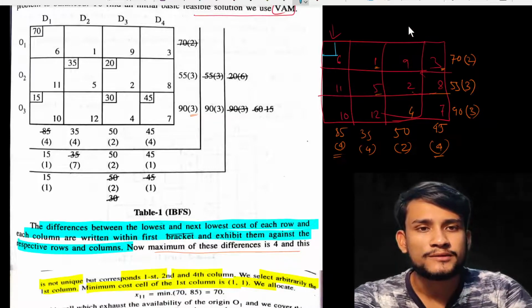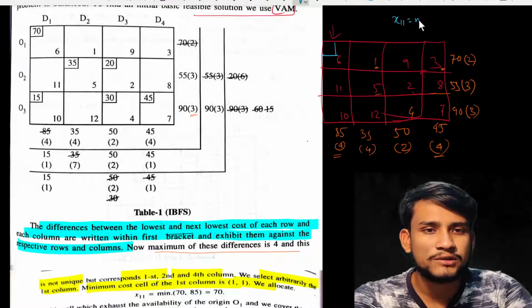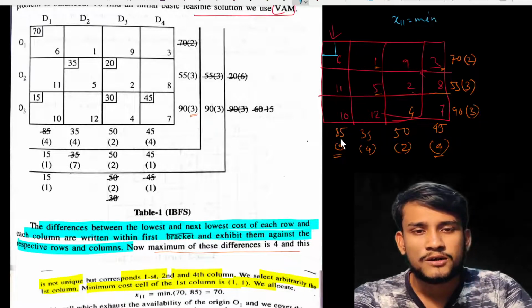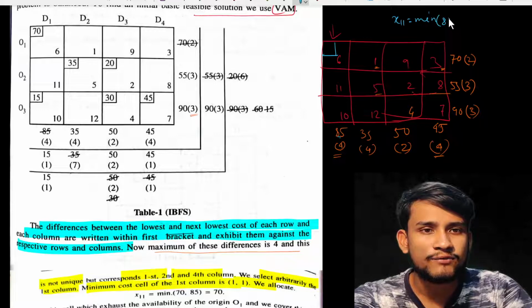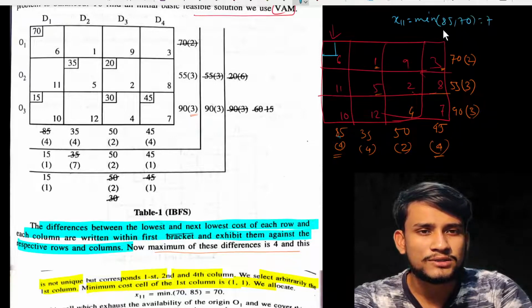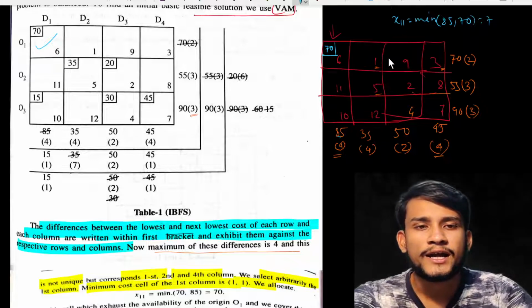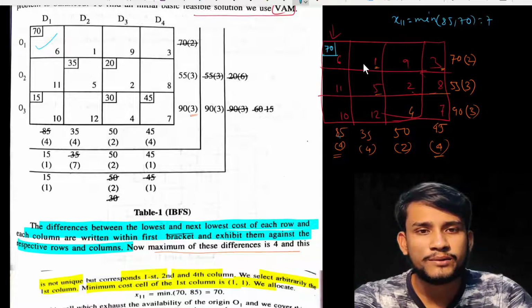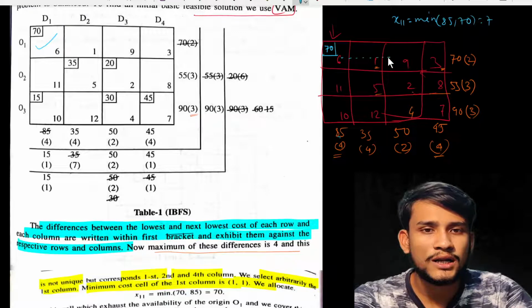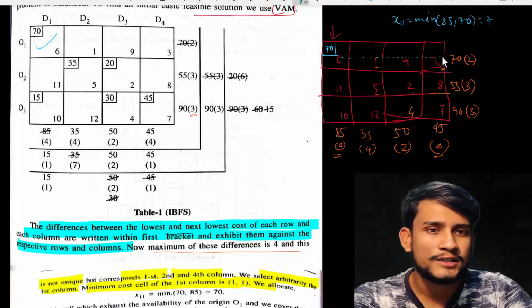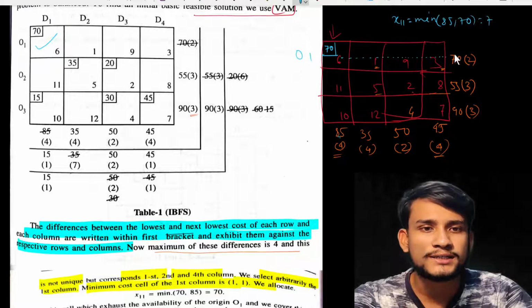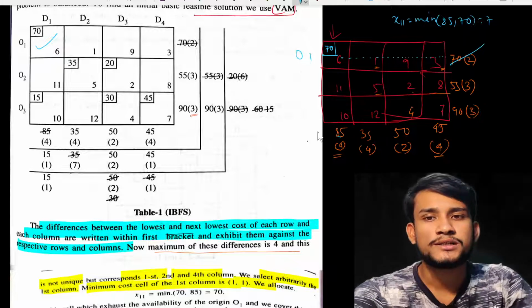So we allocate what here? x11 is equal to the minimum of 85 and 70, so this is equal to 70. So here we allocate 70, and therefore the total supply from the origin O1 is exhausted, okay, so we cut it.